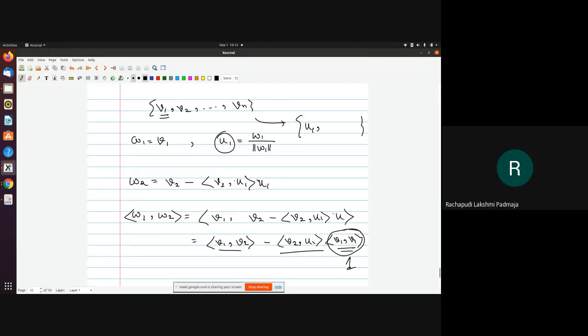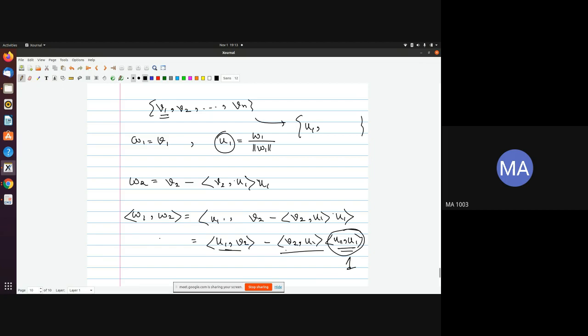So here I am getting the inner product of U1 and V2, and here the inner product of U1 and U1, which is 1. These two are exactly the same scalar due to symmetry, the inner product of V2 and U1 and of U1 and V2. So this will cancel out and give me 0. That is what we wanted, right?